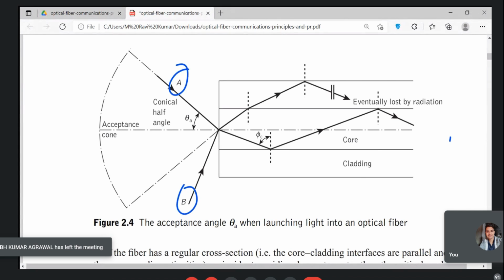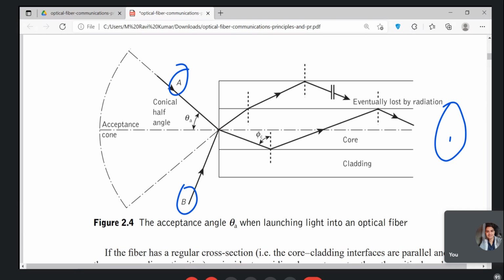So information carried by ray B is lost in the cladding, and it would not be available at the receiver, which is after a very long distance, maybe around 1 kilometer or 20 kilometers or even 100 kilometers. It can be any distance that would vary according to what a designer needs to work on.